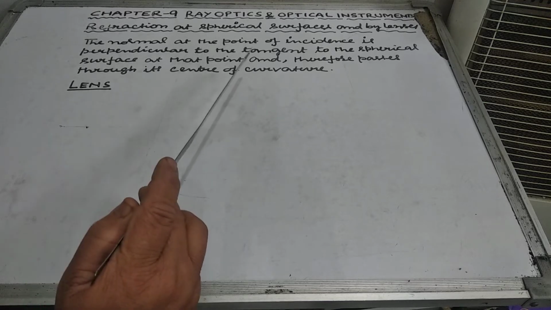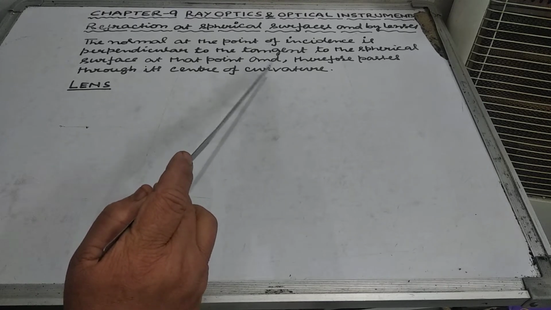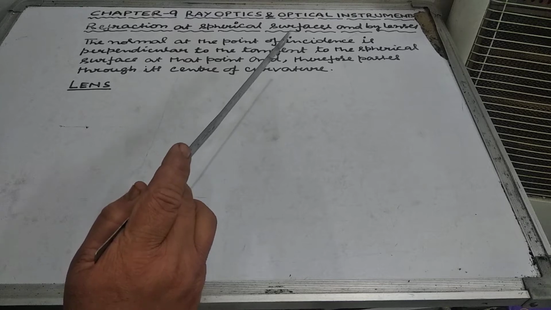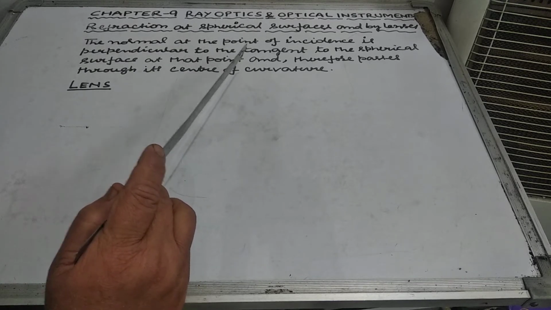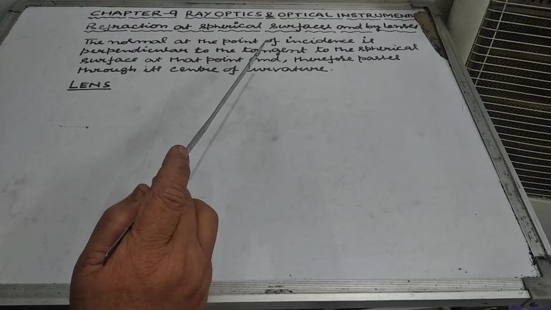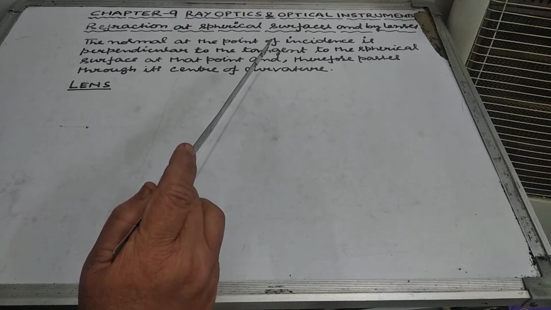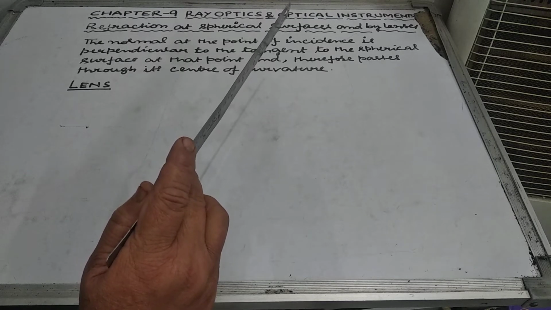A very small part of the spherical surface can be regarded as a plane surface, and the same laws of refraction can be applied at every point on the surface.